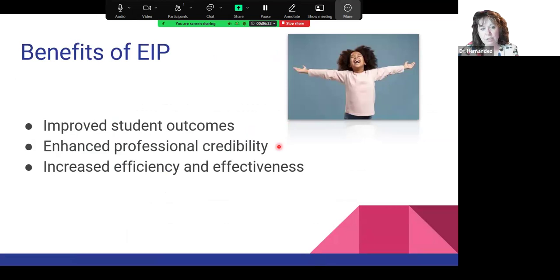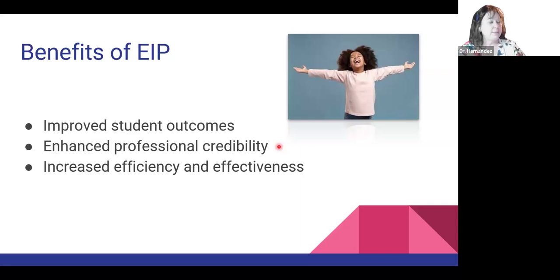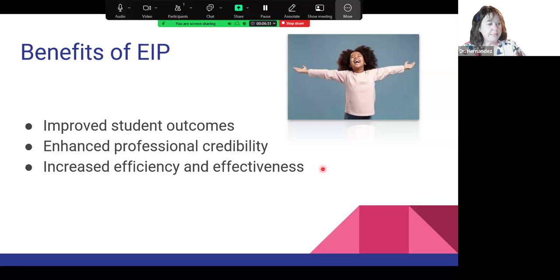It enhances your professional credibility, because by using EIP, school social workers can demonstrate that their practice is based on sound research, which enhances their credibility with colleagues, administrators, parents, and students. You don't just look like a guru pulling things out of your hat. And it does help to increase your efficiency and effectiveness, which in school social work is so important because you've got kids coming in constantly.